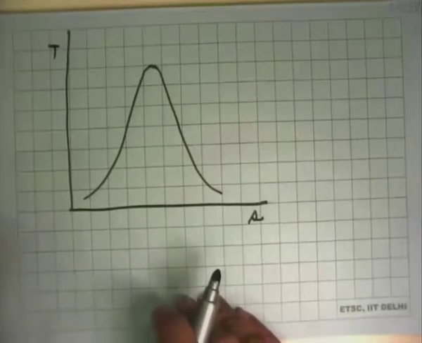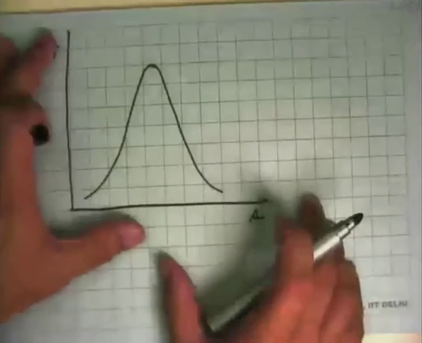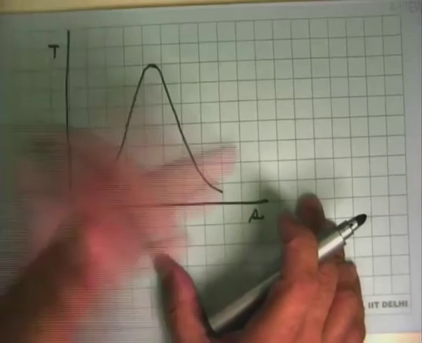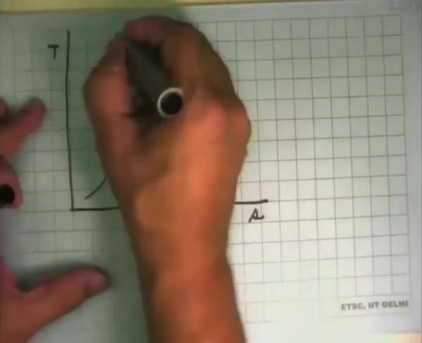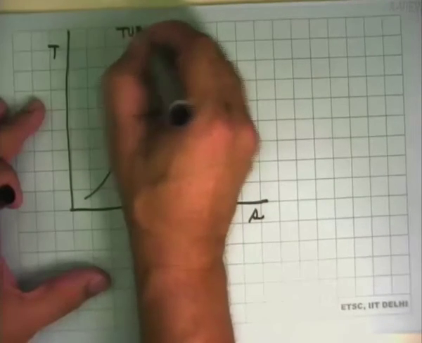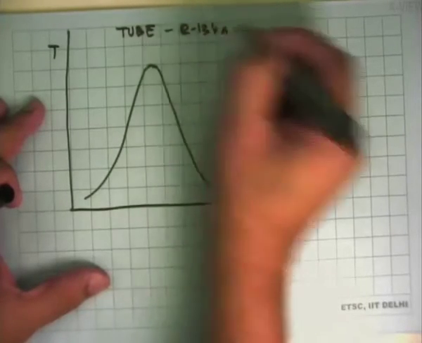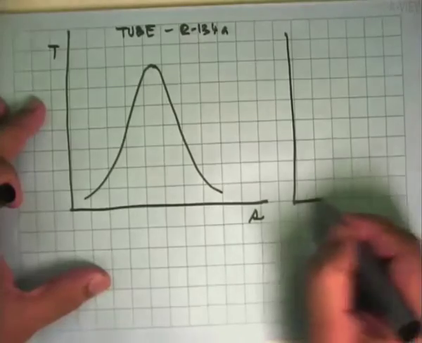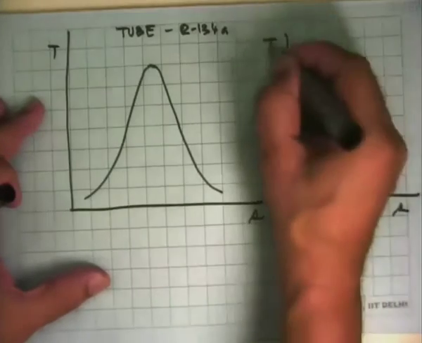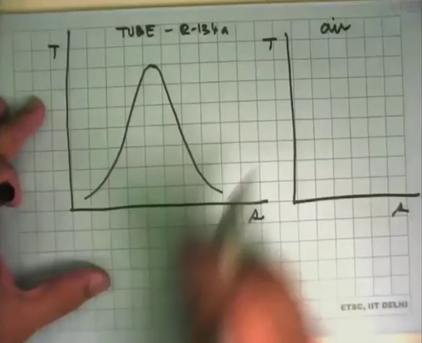We know that there's a wet state, so the dome has to be shown on the TS diagram. If it were on the air side, we don't need to show it. So we will say this is the tube side, which is the refrigerant, whatever that may be, say R134A. And we'll make a TS diagram simultaneously for the outside fluid, which is the air.